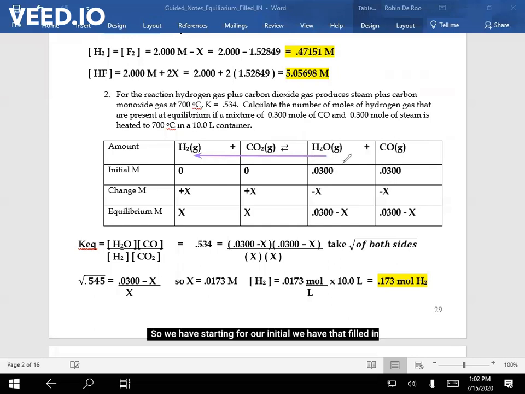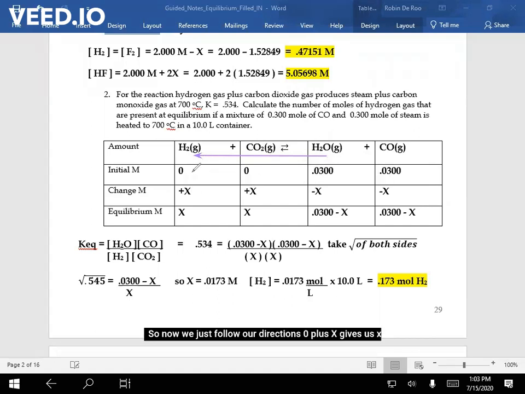So we have, starting for our initial, we have that filled in, and then remember you're losing the product. So that's why we have a minus X, a minus X. There's one of these, that's why it's minus 1X. One of these, so minus 1X. We're gaining on this side, so plus X and plus X.